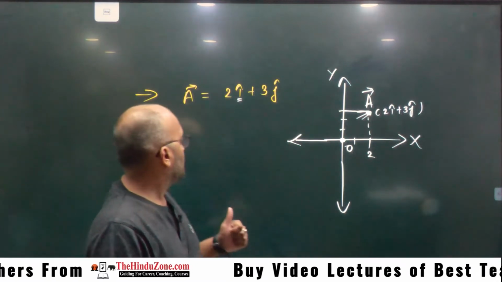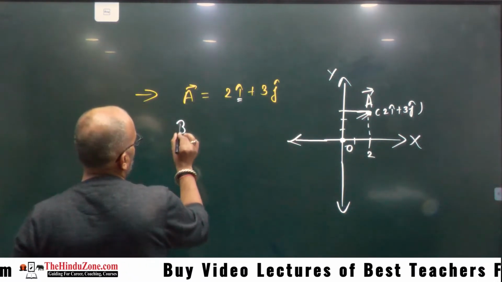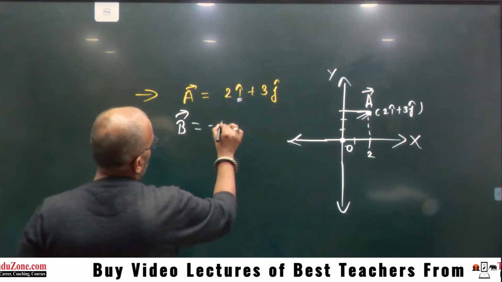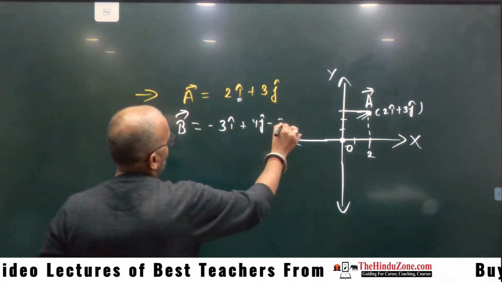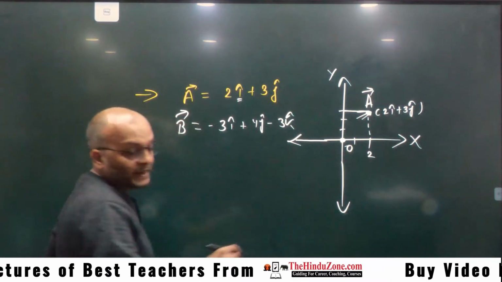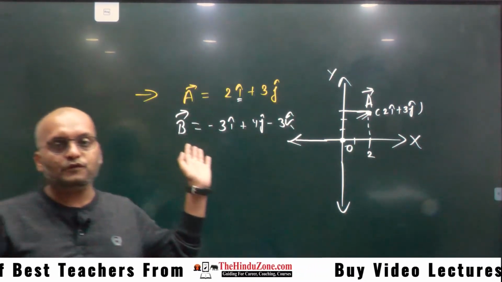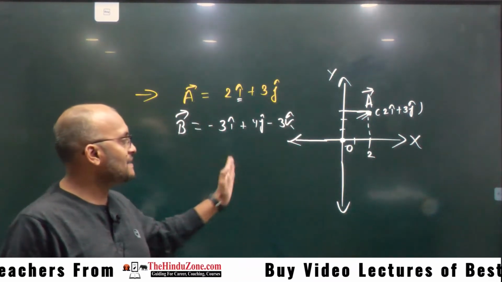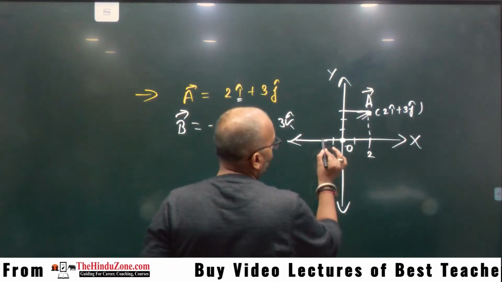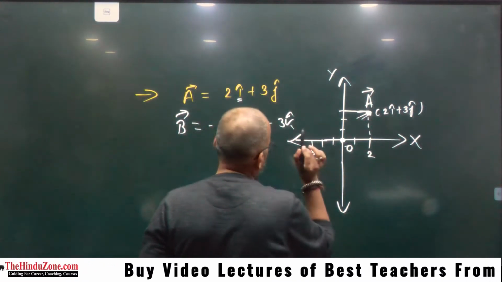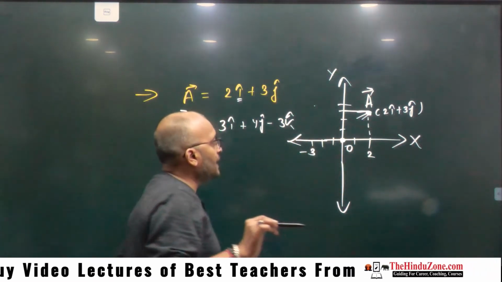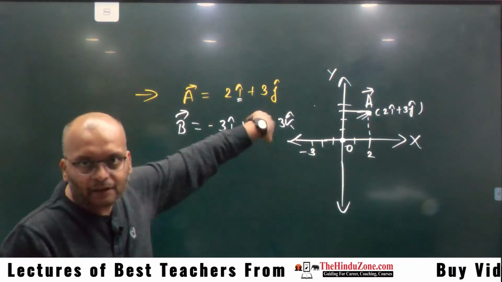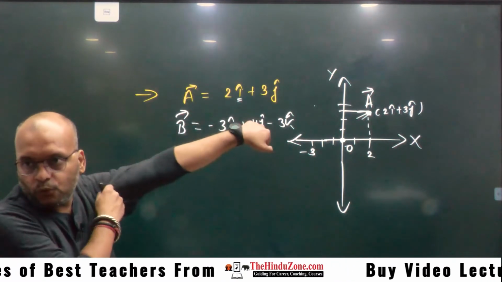If something is written like this, b is equal to minus 3i plus 4j minus 3k, what is the meaning? The meaning is that the position of B is minus 3 along the negative x-axis, plus 4, and minus 3, so backwards inside the plane of the board.